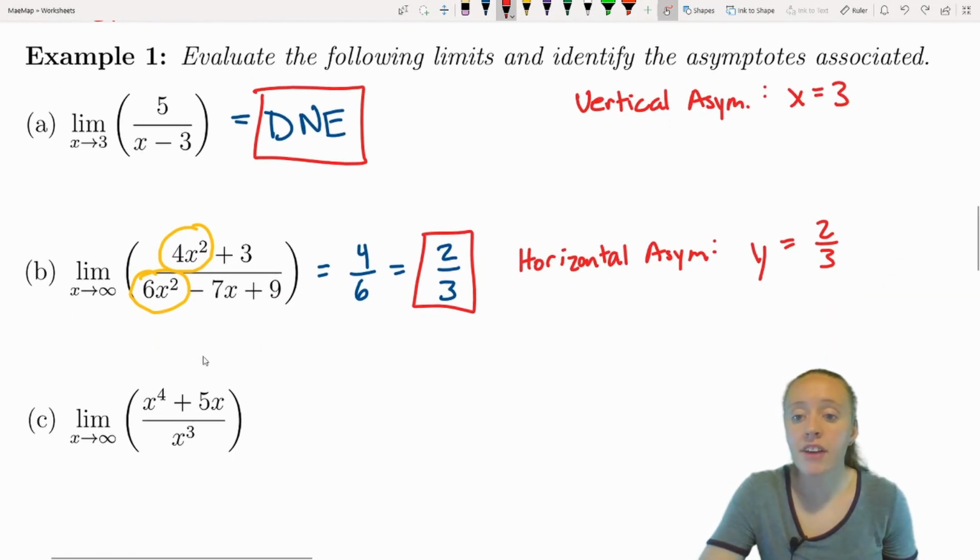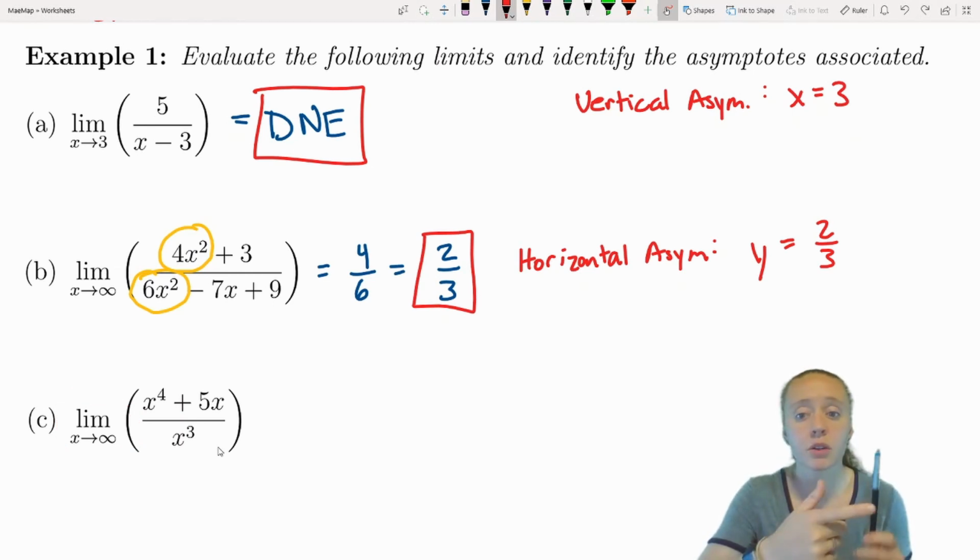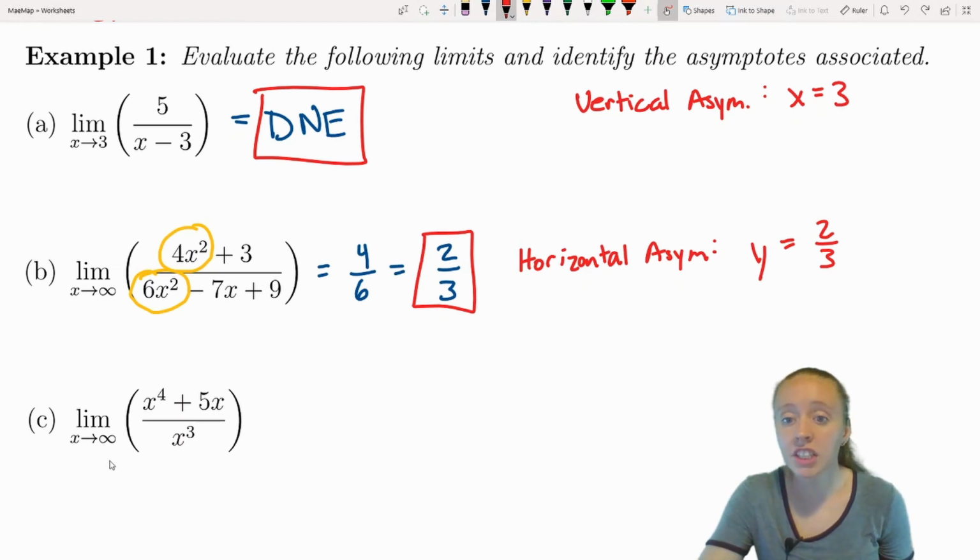Now here we have x approaching infinity again. So in this case, I'm going to be looking for either a horizontal asymptote or a slant asymptote. This function actually has a vertical asymptote as well because I have some stuff in the denominator that won't cancel out, but I want that associated asymptote with the limit. So if I'm looking at it as x approaches infinity, then I'm looking for a horizontal or a slant asymptote.